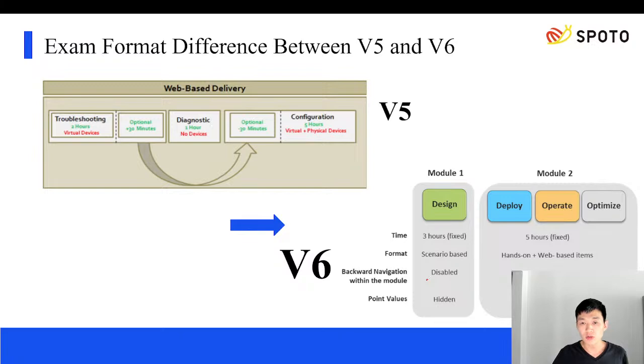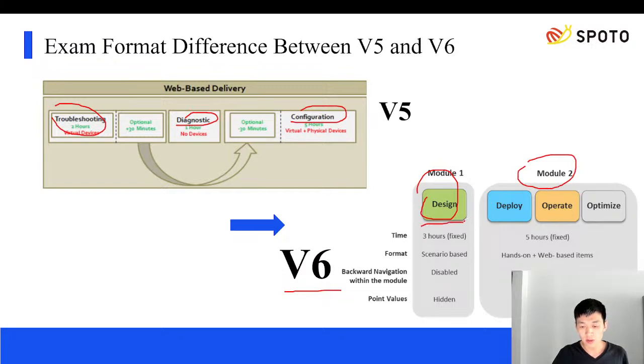In the last version, which was version 5, it contained 3 modules. The first one, troubleshooting, the second one, diagnostic, and the third one, configuration. But now in version 6, only 2 modules.